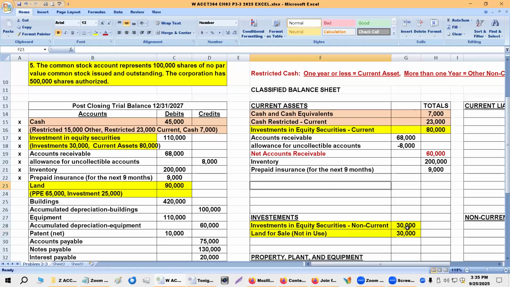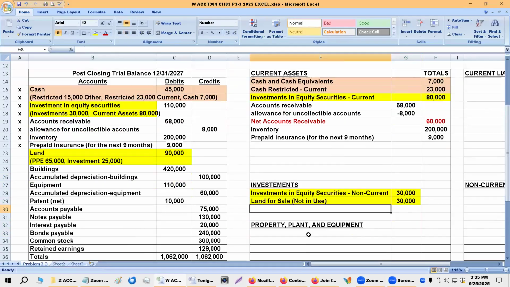And the rest of that land just goes for land that's in use, 65,000. Wouldn't the land for sale be 25,000 in the investment? Yes, thank you. It's not 30,000.